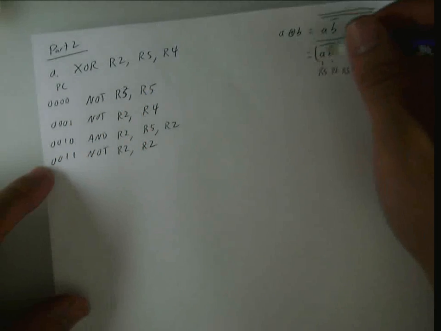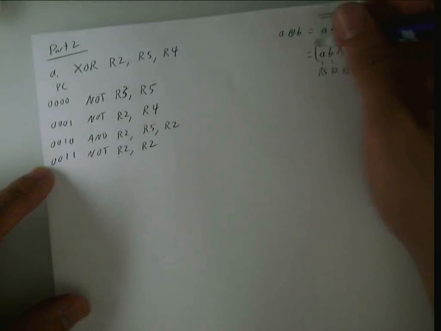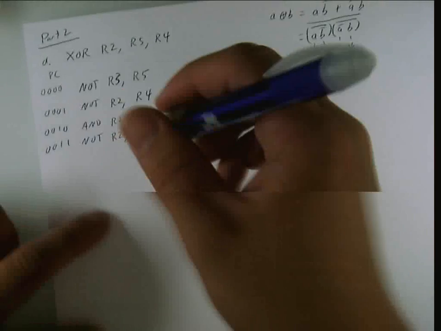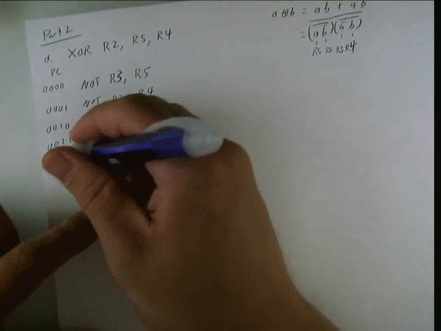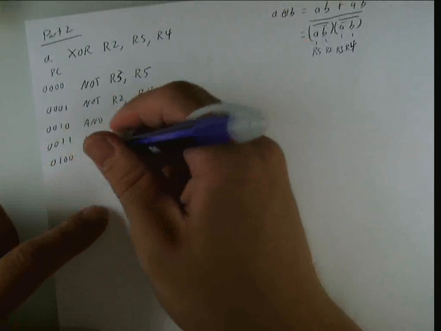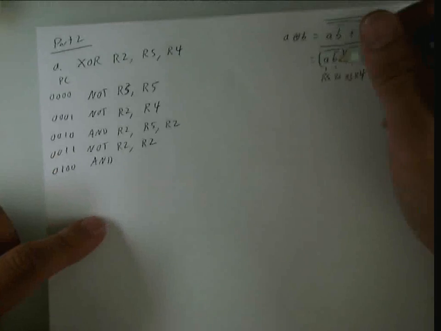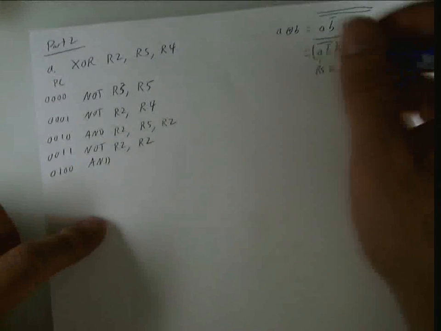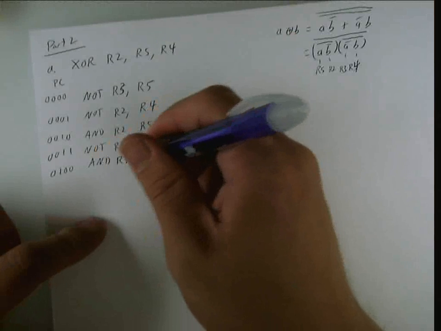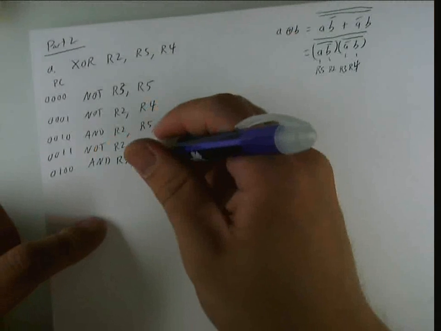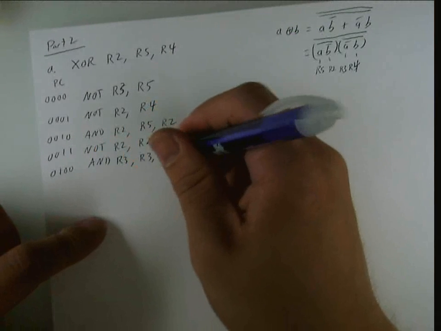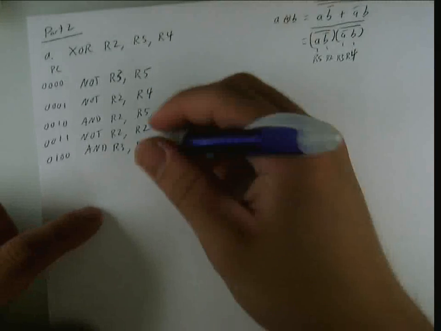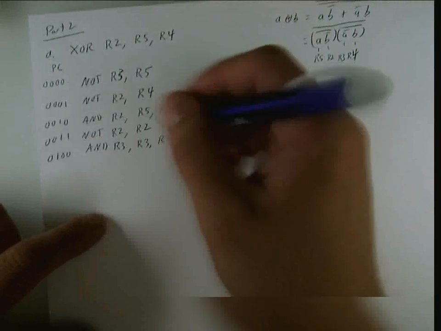So now we've got that. This has been ANDed, and now they've been NOTted. And then for the next one, 0, 1, 0, 0, we're going to AND R3 with R4 and store that back into R3. And so that's now the AND.